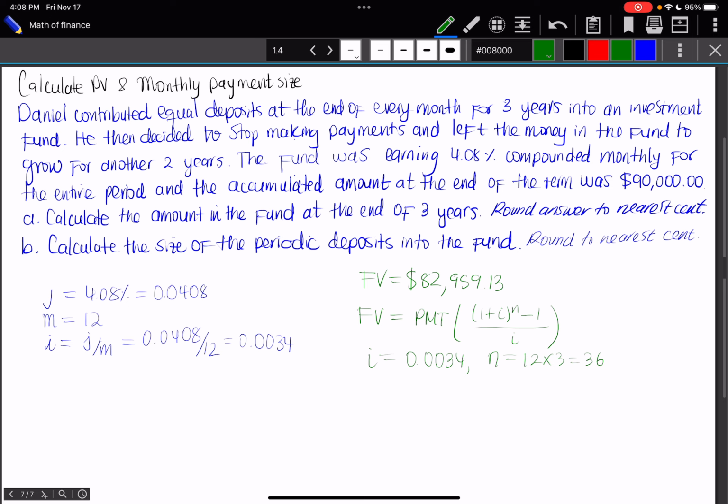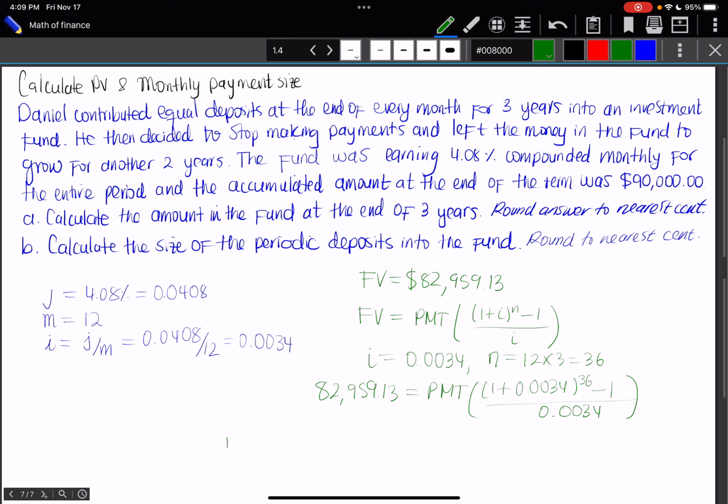So we have that 82,959.13 should be equal to the size of the periodic deposits, times ((1 + 0.0034)^36 minus 1) over 0.0034.